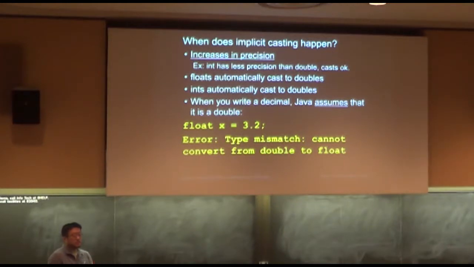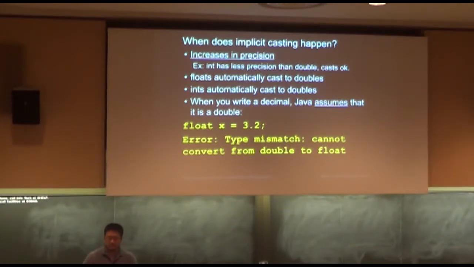So in terms of the precision that can be represented by any number, you have greater precision, greater significant figures that can be represented by doubles, less by floats, and even less by integers. So implicit casting occurs when you perform a mathematical operation between a higher precision numerical value and a lower precision numerical value.